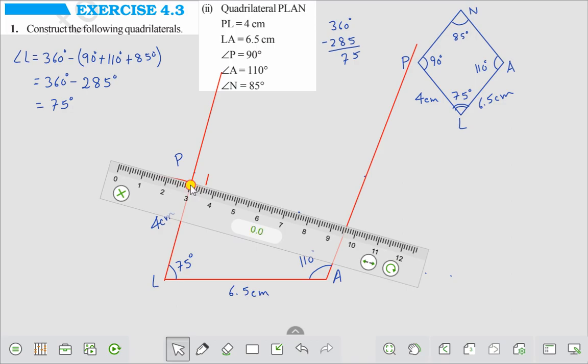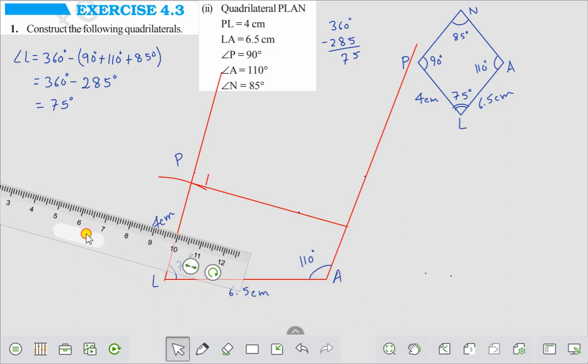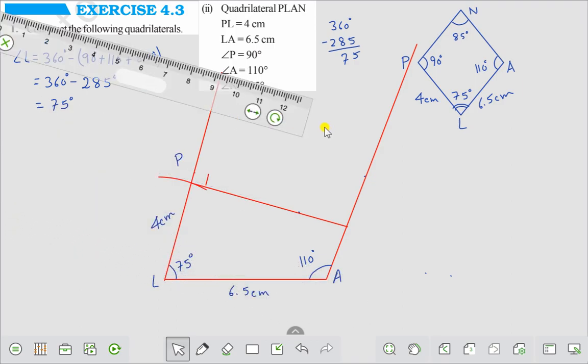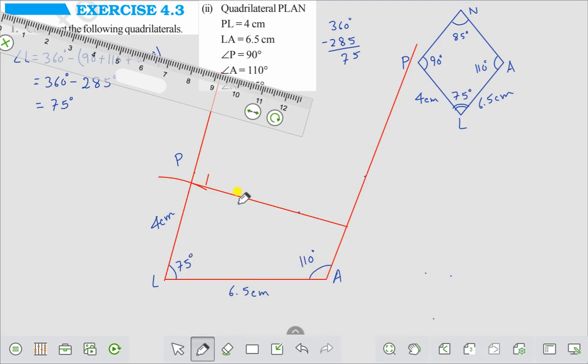Now draw this line. Right. Now you got the value, that is 90 degree. That angle P is equal to 90 degree here. Here you see, that is angle P. That angle P is 90 degree.